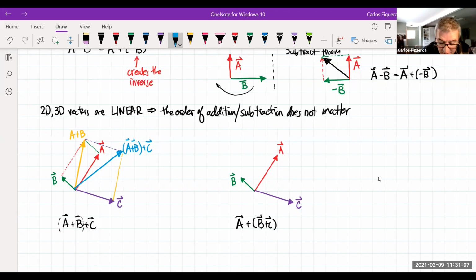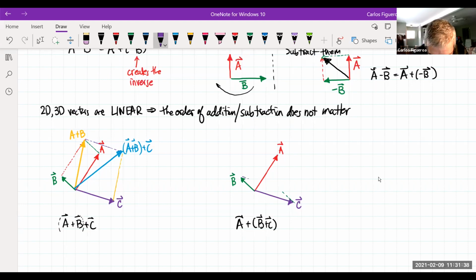The question is, what happens if I add B and C first and then do that? So let's go to the right side now. If I do the same thing with this guy here, I'm going to add B to C first. If I do that, it's probably going to look something like this. There's my B. I think that's about right. Now let's do the C vector.